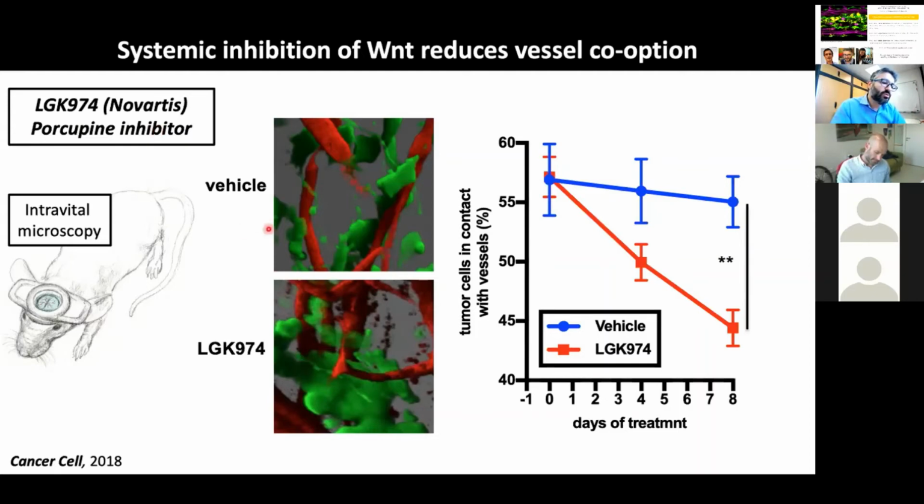And so when you go back to intravital microscopy, using again this MGG8 tumor that is highly infiltrative, highly vessel co-opting, and we use LGK974, we follow and quantify the number of cells that are close to the blood vessel. You can definitely see that gradually the treatment strongly reduces the number of cells close to the blood vessel. And of course, we also need histologies to confirm this.